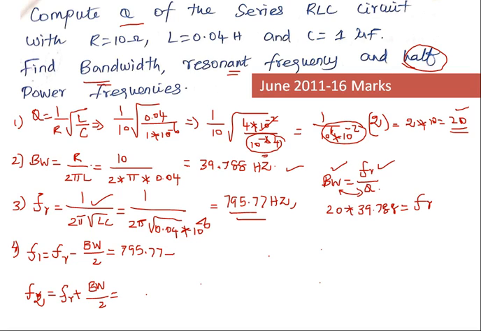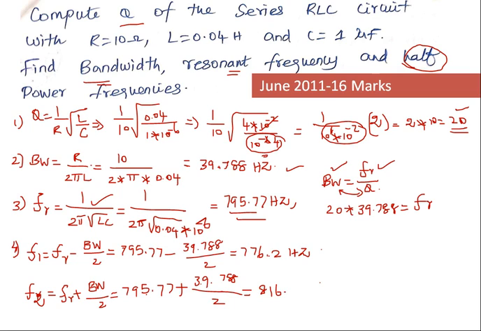resonant frequency minus bandwidth by 2, 39.788 by 2, which gives the answer 776.2 Hz. If we add these two values, 795.77 plus 39.788 divided by 2, which is equal to 816.06 Hz.